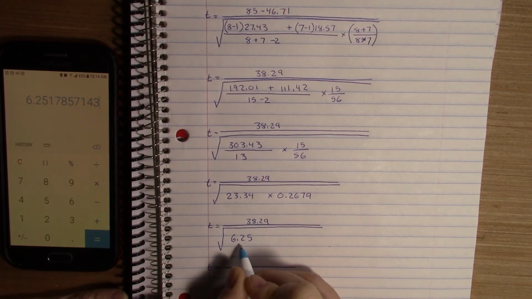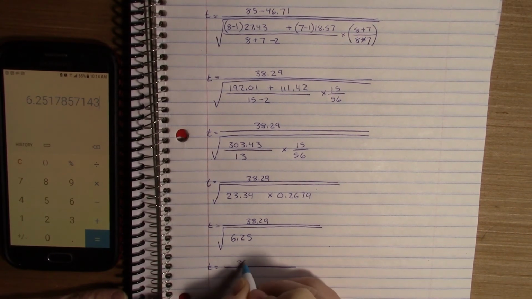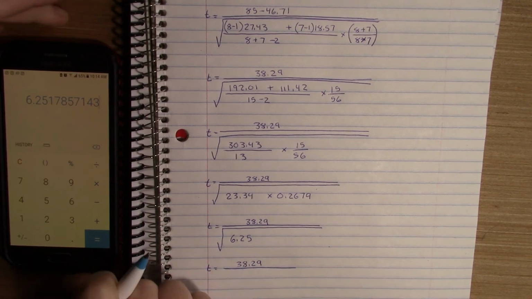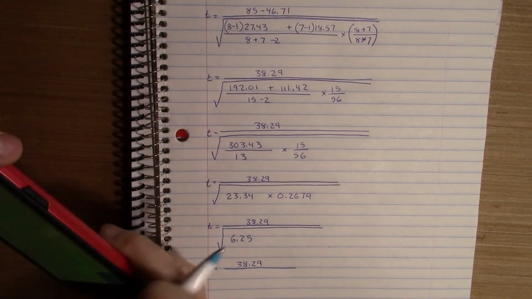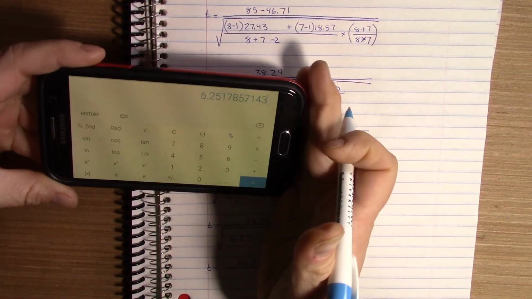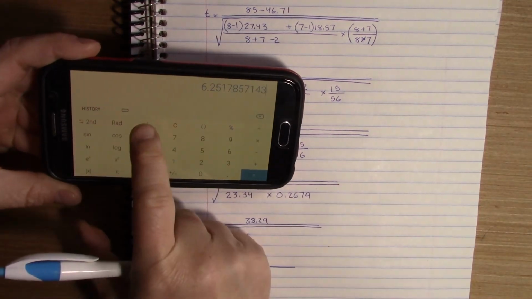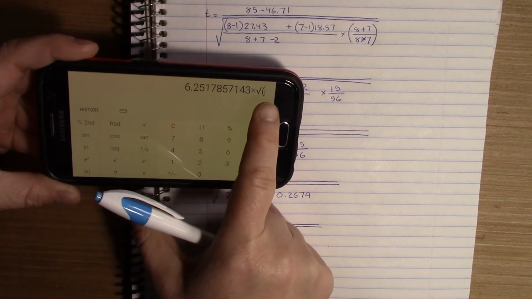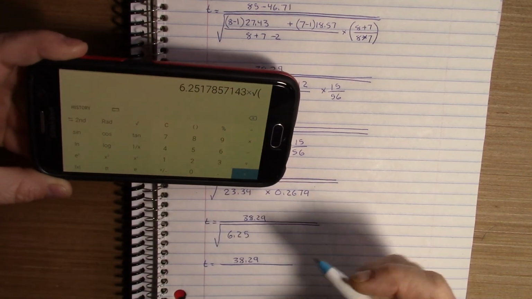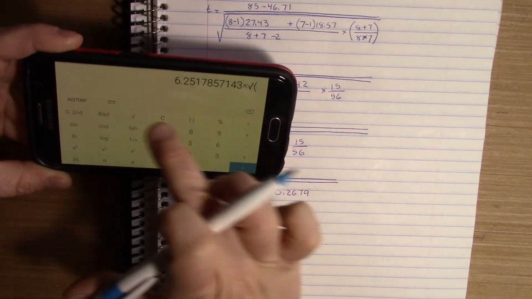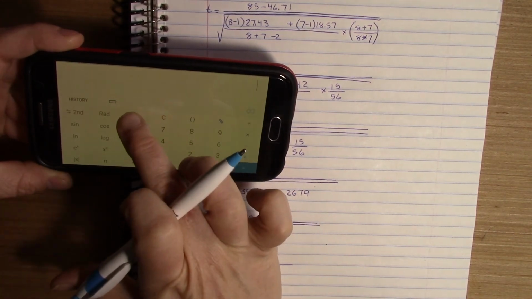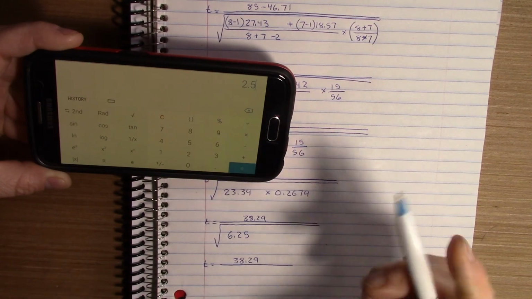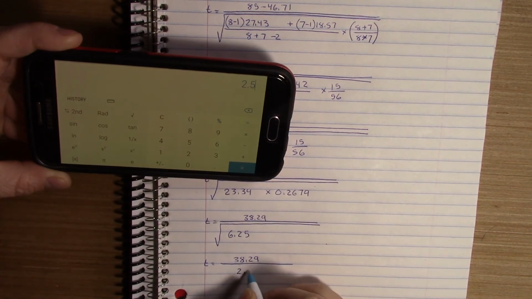Now we finally have this down to one number. And every calculator is a little bit different. Can I just press square root? Oh, I don't have a square root, so I need to move this on its side. Can I just press the square root symbol? No, it doesn't want to. It wants me to press the square root symbol first. So I've got 6.25, so I'm going to clear, and square root of 6.25 equals 2.5.